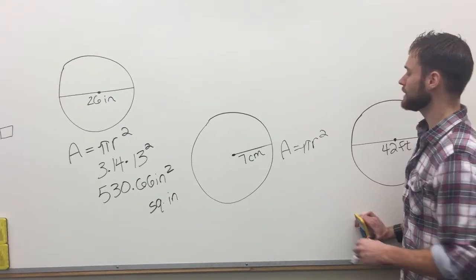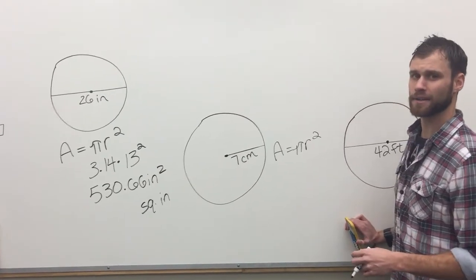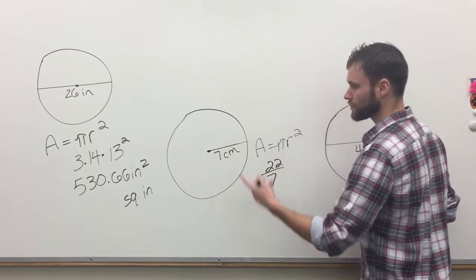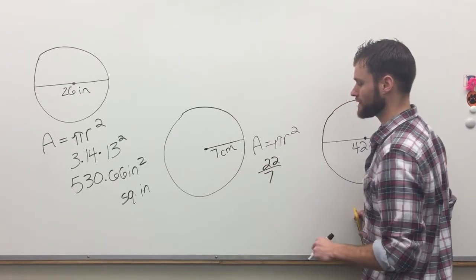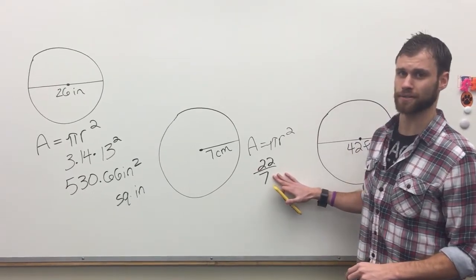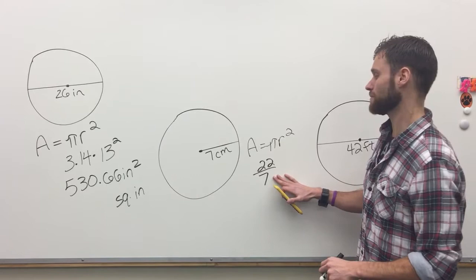Which means for pi, I'm going to use the fraction 22/7. Both 3.14 and 22/7 are an estimation of pi. This is the closest fraction that can get us close to pi.